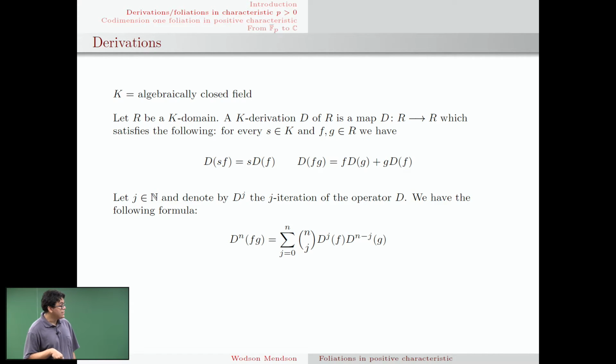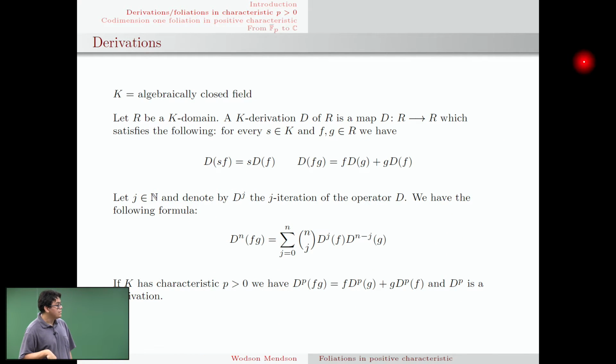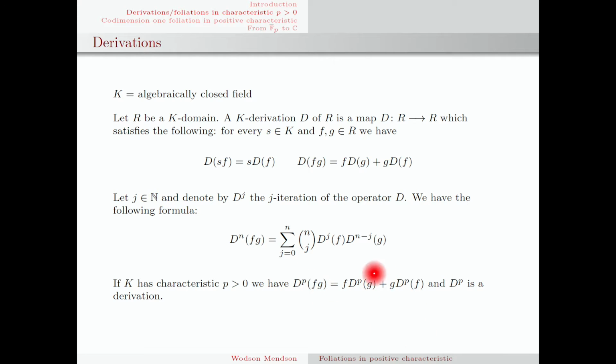If you take j a natural number, denoted by D^j the j-th iteration of this operator, we have this formula here. In particular, if k has characteristic p, we conclude that D^p satisfies the Leibniz formula here. In particular, D^p is a derivation. So if you have characteristic p, you can construct derivations by just taking the p-th powers of a derivation.